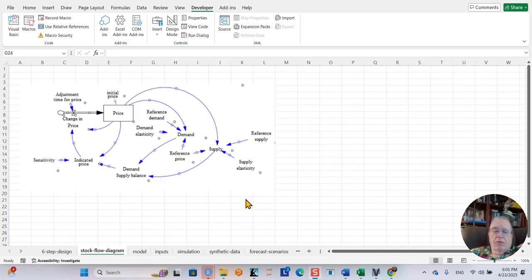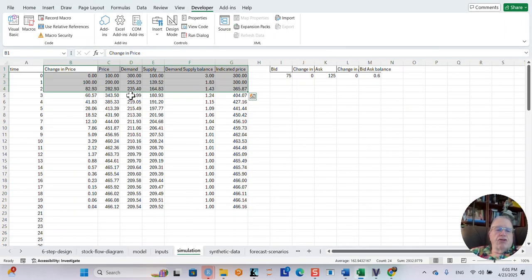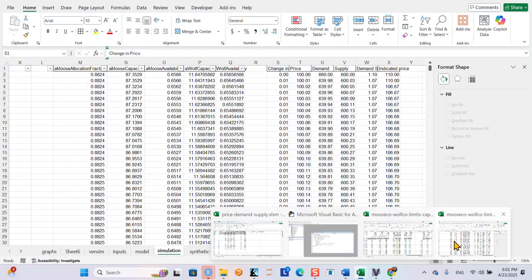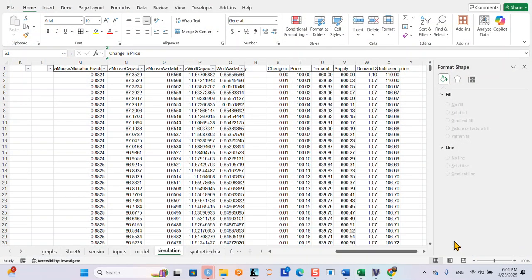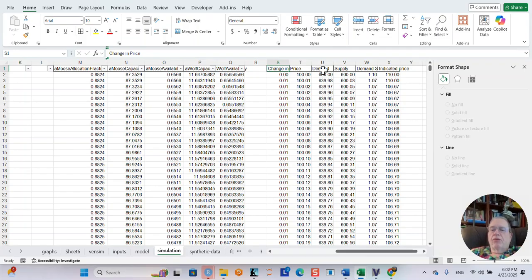But what I've done here in this model is simply brought this simulation, as you can see, it's a lot easier to do here, into this WolfCo model. Okay, so demand affects price, and the relationship between supply and demand is now dependent upon not only price as it comes around and comes around, but also on other information.